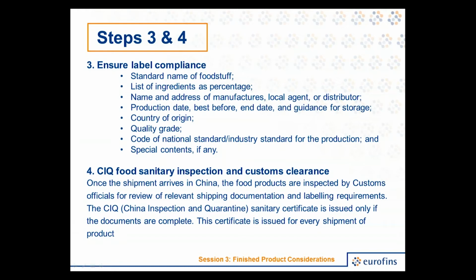In general, the label must provide the following: standard name of foodstuff, list of ingredients as a percentage, name and address of manufacturer, production date, best before date, end date, and guidance for storage. Country of origin, quality grade, code of national standard or industry standard, and any special contents.